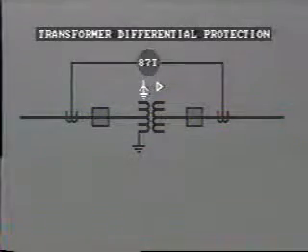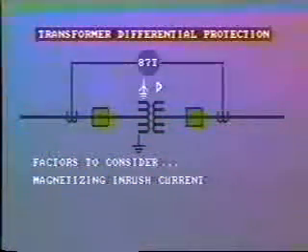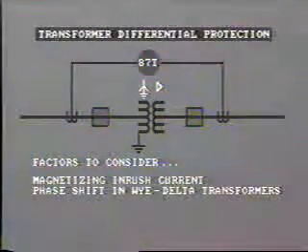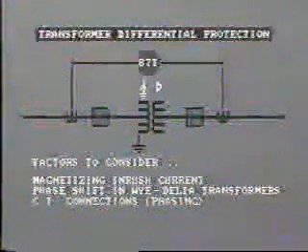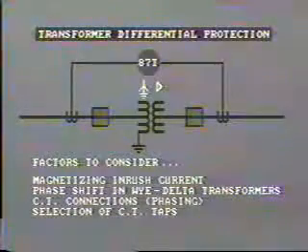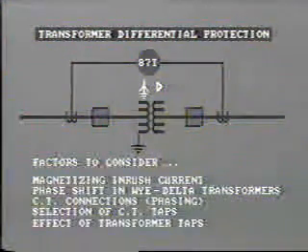When applying differential protection to transformers, certain factors that must be taken into consideration are the magnetizing inrush current, the phase shift in Y-delta connected transformers, CT connections, that is phasing, selection of CT taps, and the effect of transformer taps.